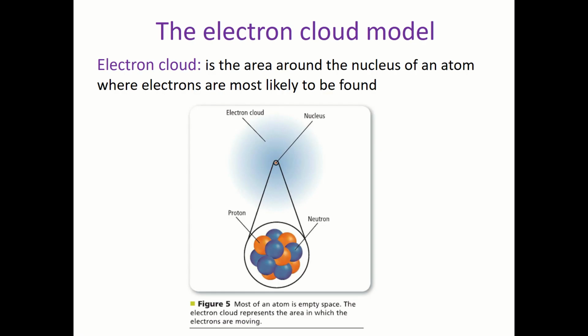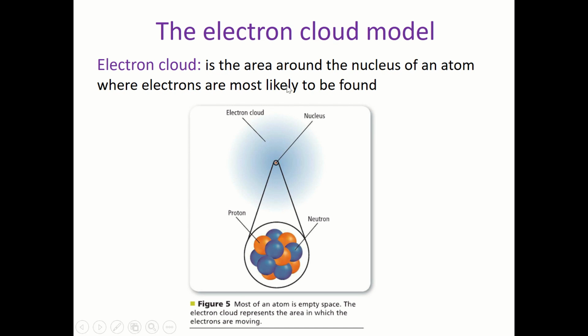So that's why scientists came up with another model, which is the mostly accepted model right now, which we call the electron cloud model. The electron cloud model says that electrons exist everywhere around the nucleus, in the form of a cloud around the nucleus.